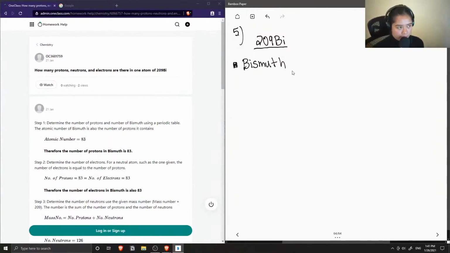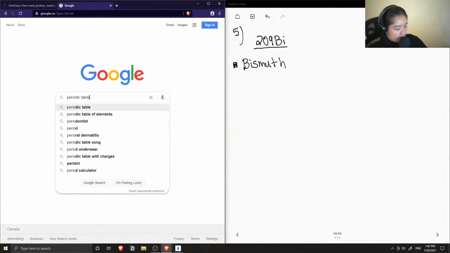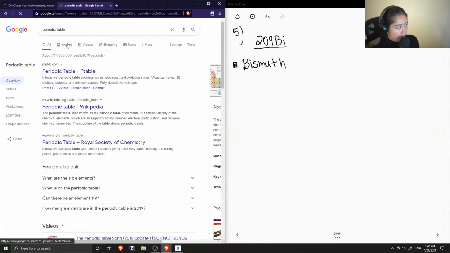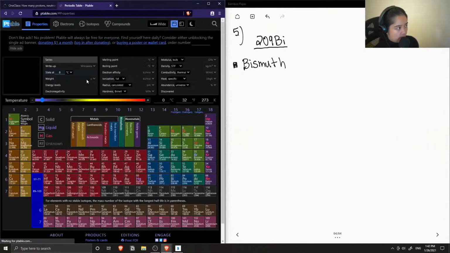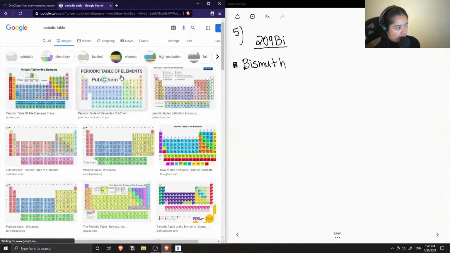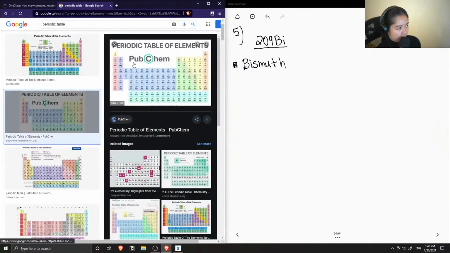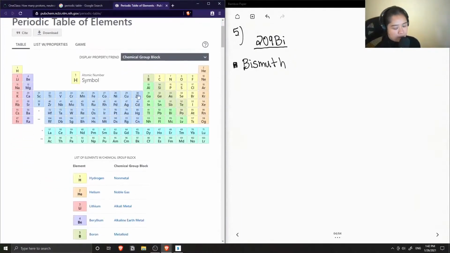So the first thing we want to do is locate bismuth on the periodic table. Actually, use this. Kind of dark. And we can find it right here.